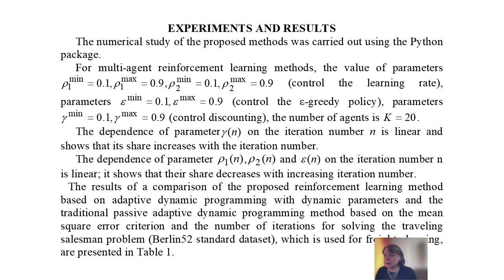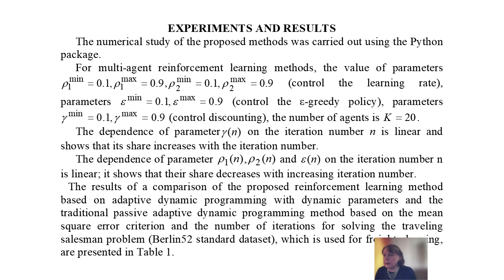Parameter gamma min equals 0.1, gamma max equals 0.9. These control discounting. The number of agents is k equals 20. The dependence of parameter gamma n on the iteration number n is linear and shows that its value increases with the iteration number.